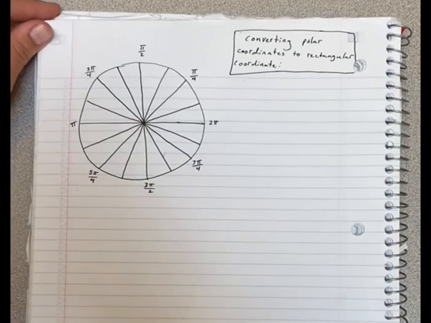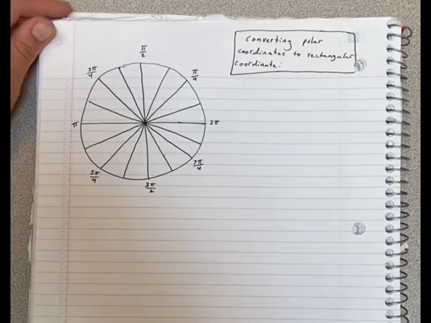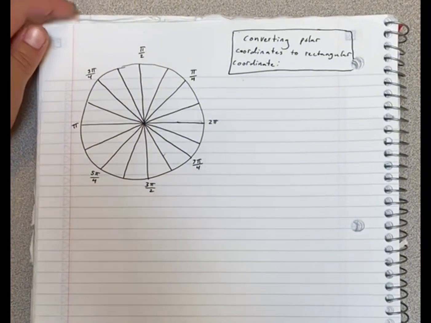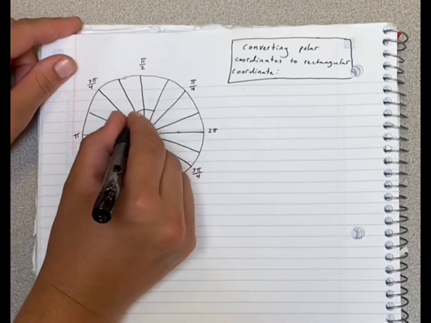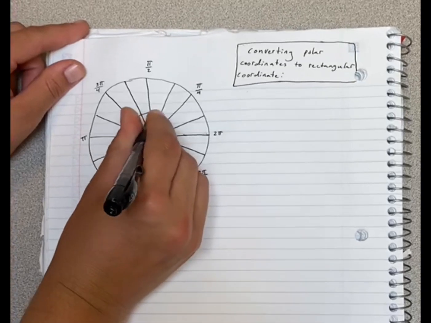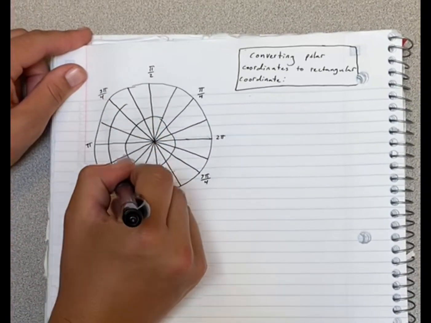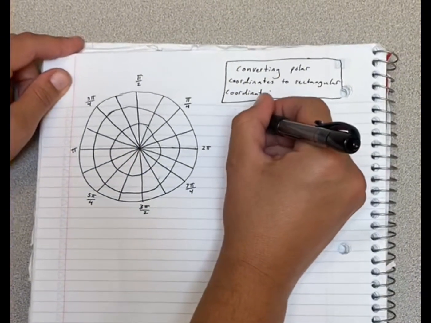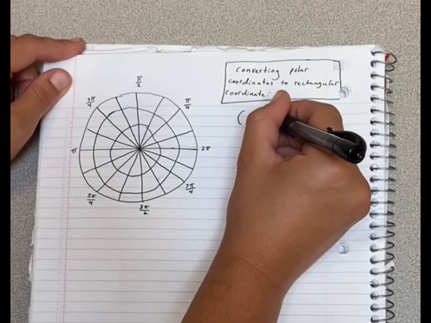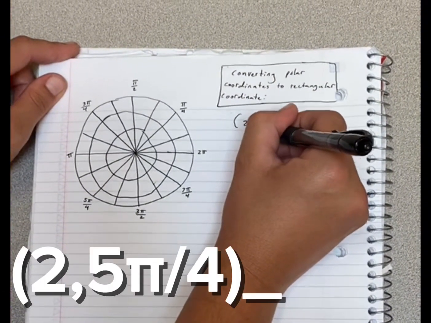Next problem, we are going to go over converting polar coordinates to rectangular coordinates. So first off, let's get our point. Let me finish this unit circle really quick. Okay, so we're going to be working with 2 comma 5 pi over 4.